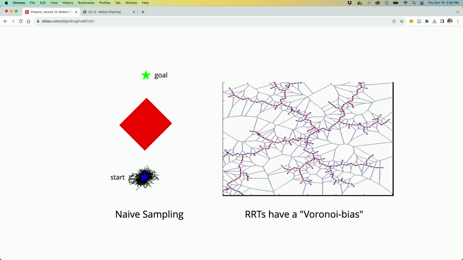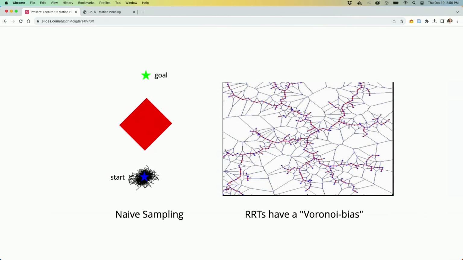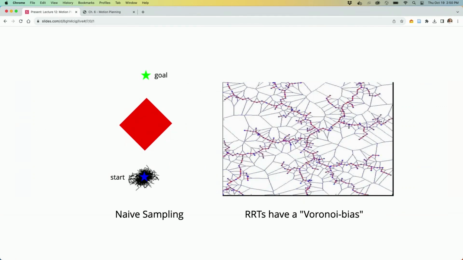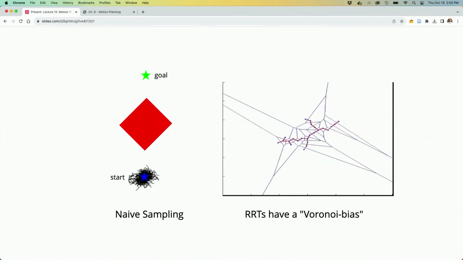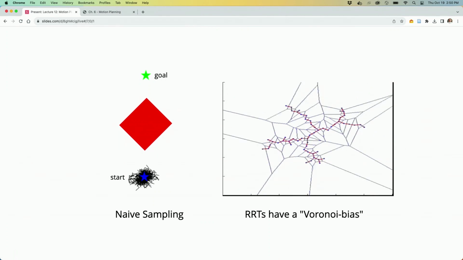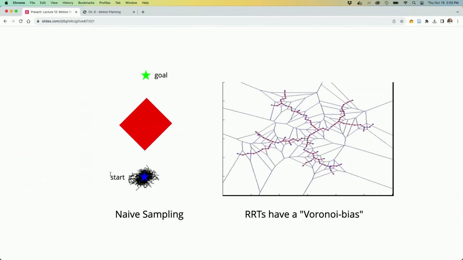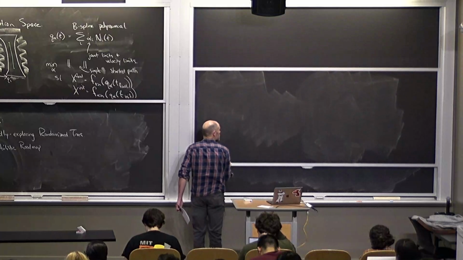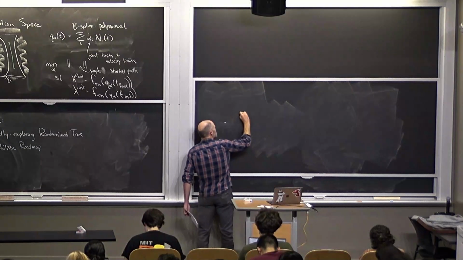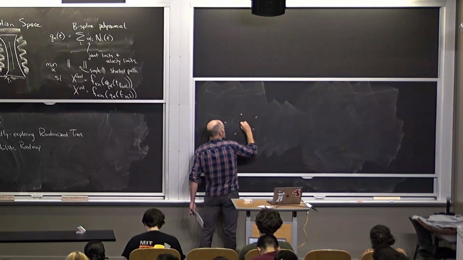Do you know what a Voronoi region is? This illustration here is the Voronoi regions of the graph at every instant in time. So a Voronoi region is a decomposition of the space. Maybe I'll even just draw it here. Let's say I have a handful of points in the space.